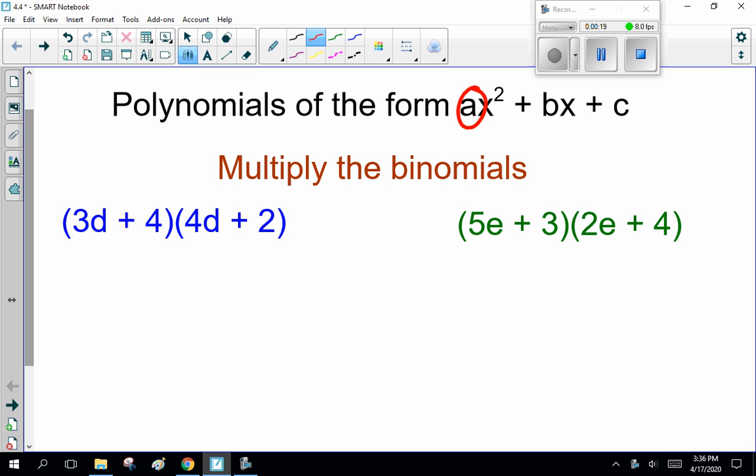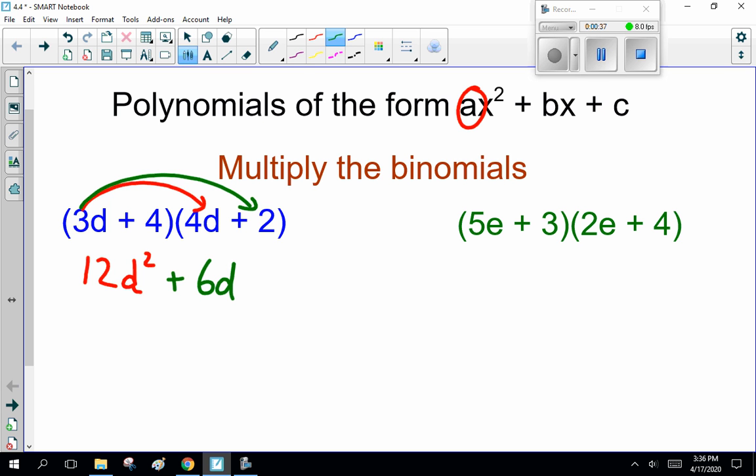So, multiplying binomials. 3d plus 4 times 4d plus 2. So, 3d times 4d. 3 times 4 is 12. D times d is d squared. 3d times 2, 2 times 3 is 6d. D times 4d is 16d.